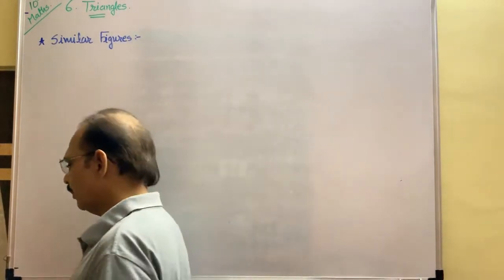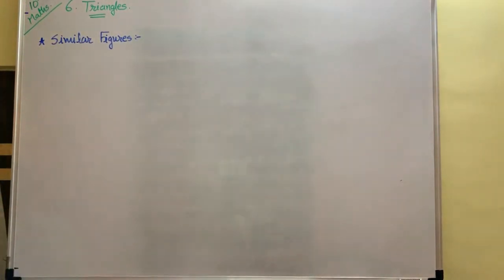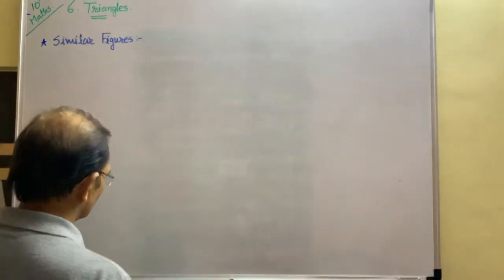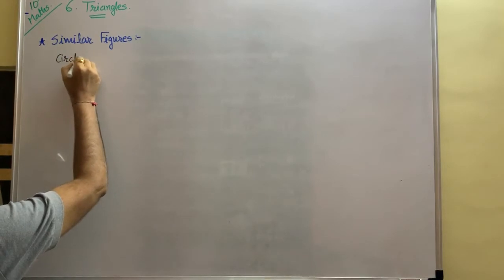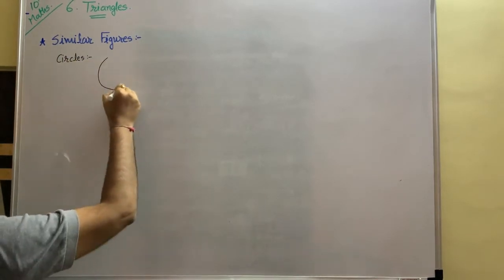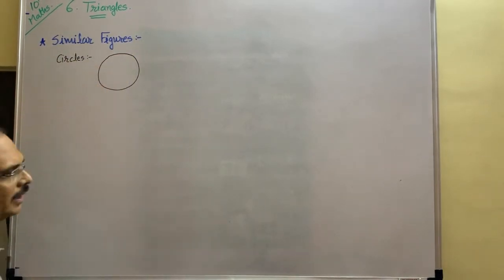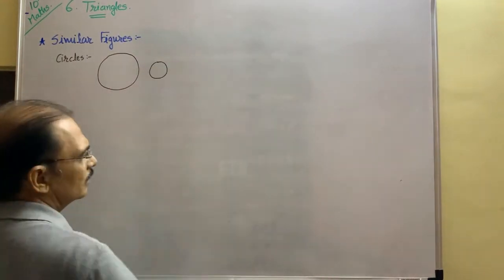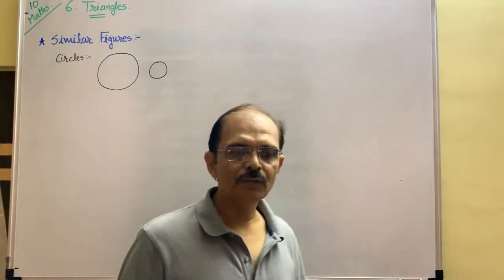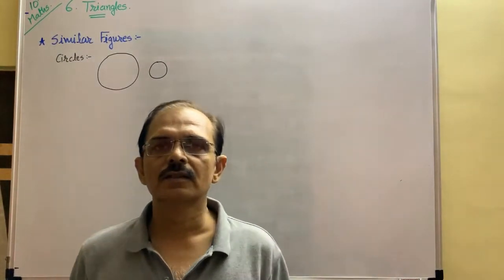See, as for example, circles. At a glance we say that yes, it is a circle. Sizes are different but shapes are same.